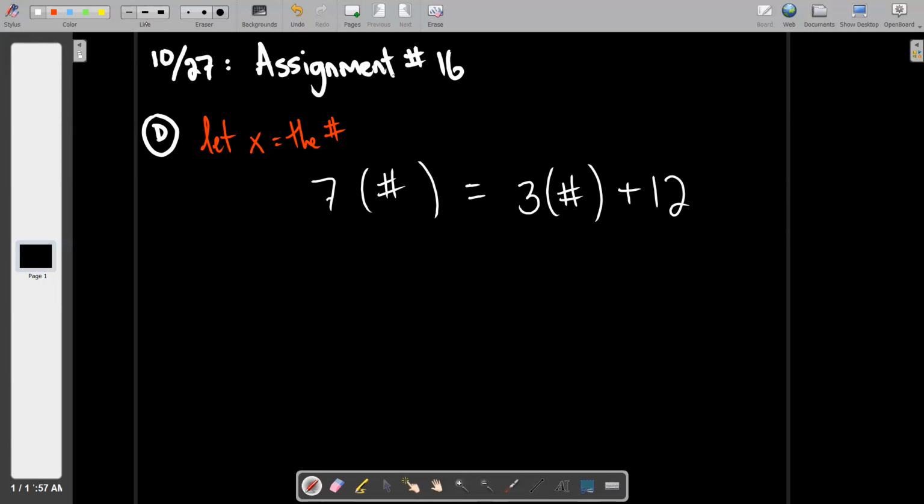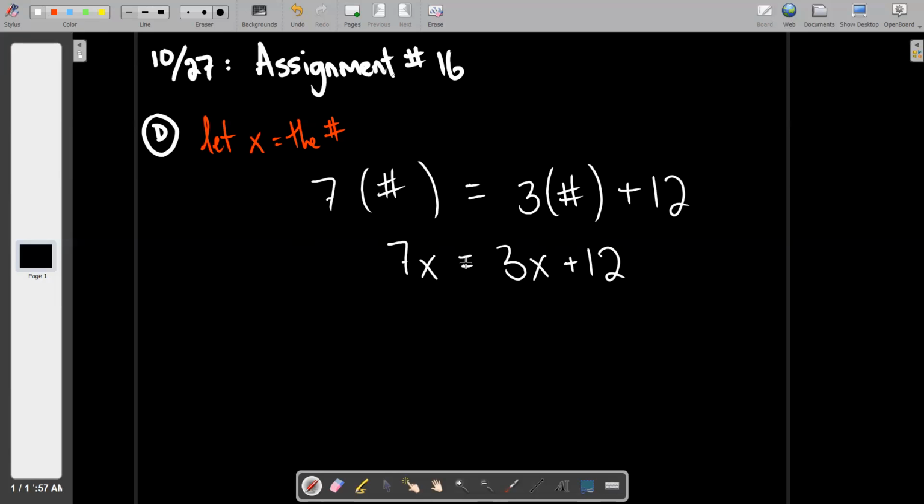X. So the equation's actually going to say 7x, that's 7 times a number, is the same as 12 more than 3 times the number. Neat, huh? And simple, I hope you agree. You don't need multiple considerations of who's the larger and who's the smaller. It's just one number, and we write an equation about it.